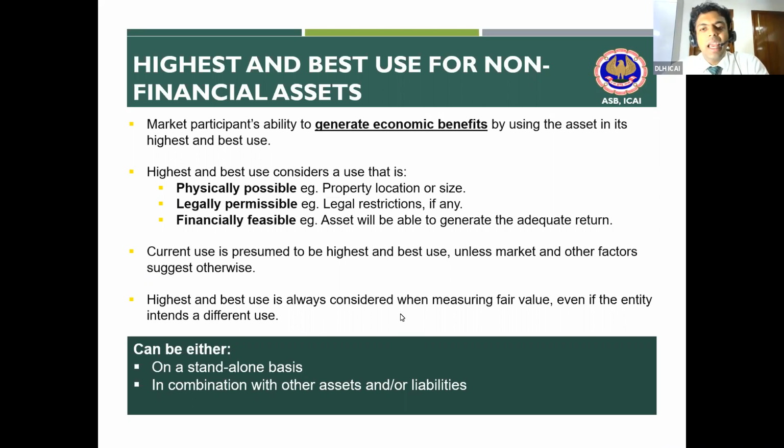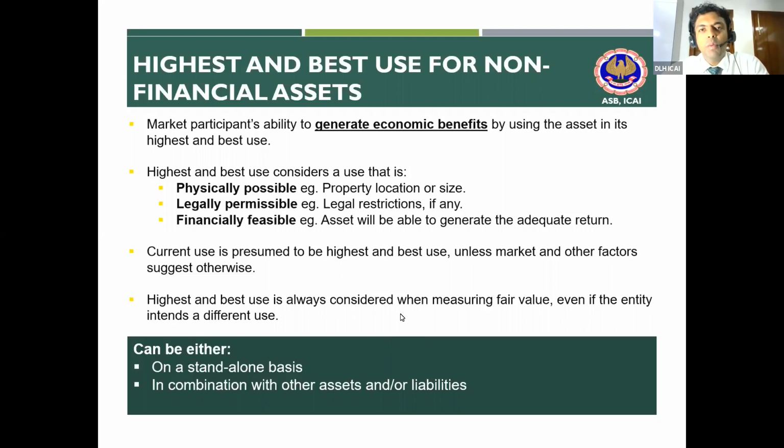Financially feasible means the asset will be able to generate adequate return. So these are the three parameters which the valuer or the organization has to consider for the purpose of doing the fair valuation under Ind AS 113: physically possible, legally permissible, and financially feasible.